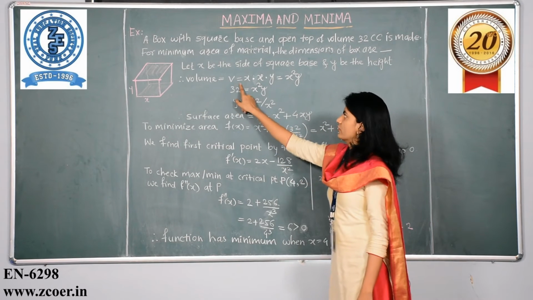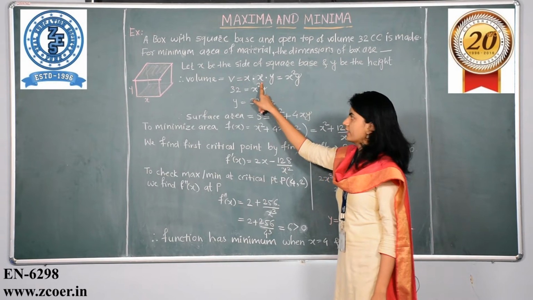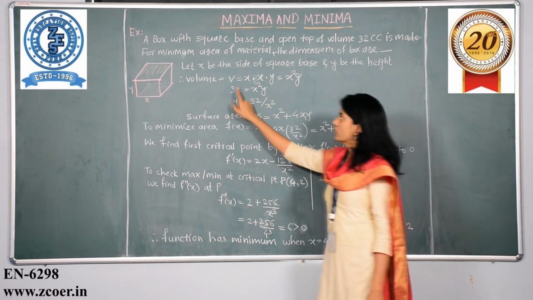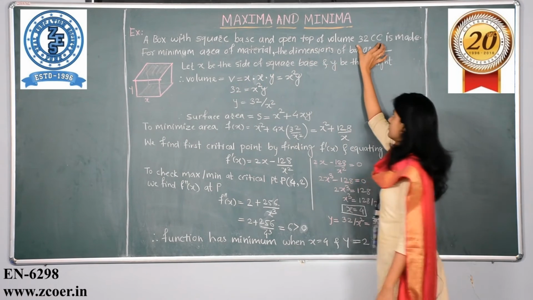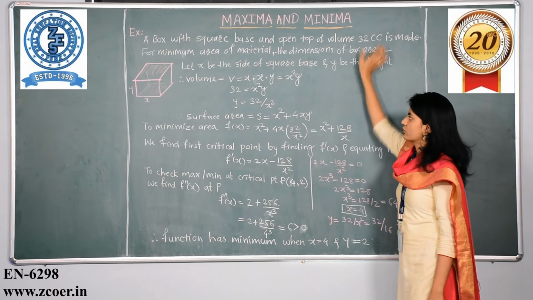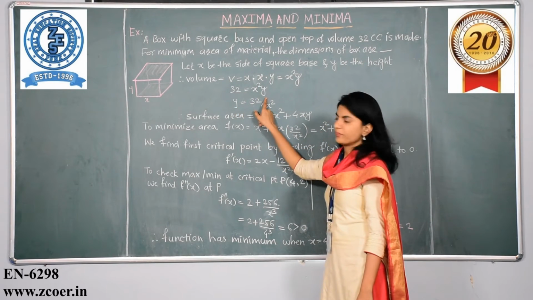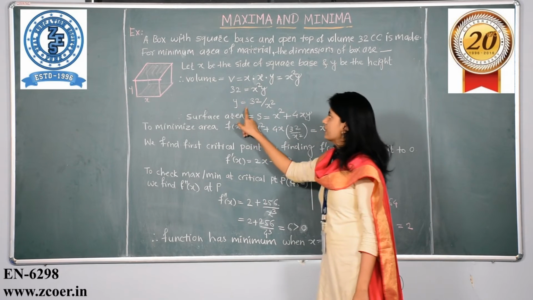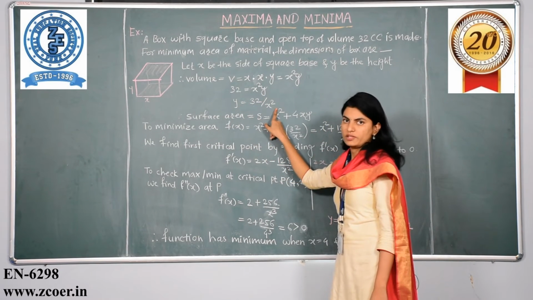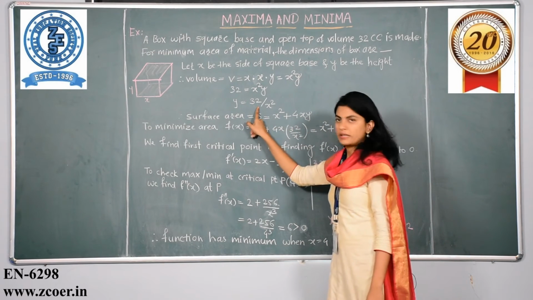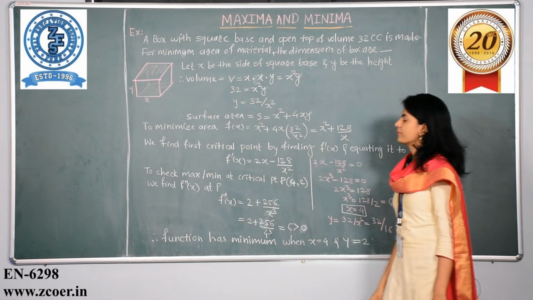Therefore V is equal to x square y. Volume is given already in the problem statement, that is 32 cc. So we have written here 32 is equal to x square y. So the value of y becomes 32 by x square. Let us note this value of y as 32 by x square and proceed further.